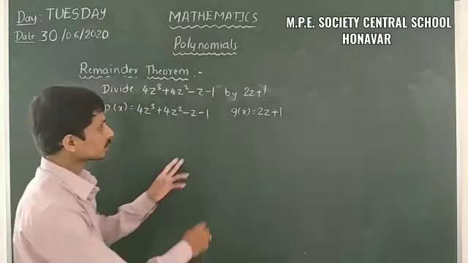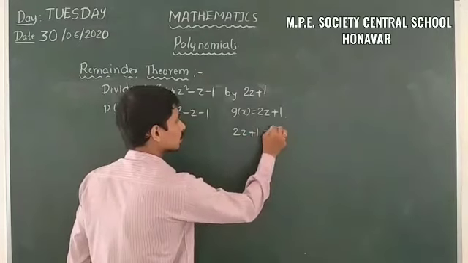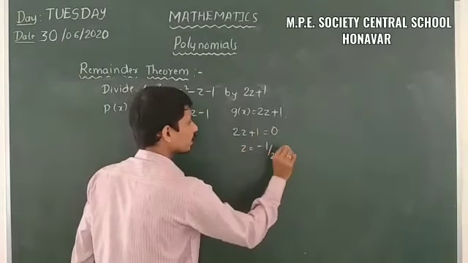So we take g of z is equal to 0, so 2z plus 1 is equal to 0, and z is equal to minus 1 by 2.